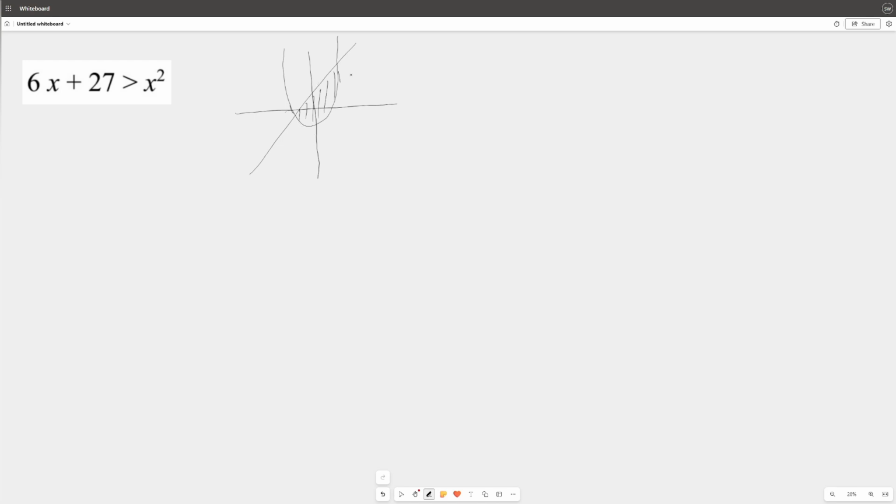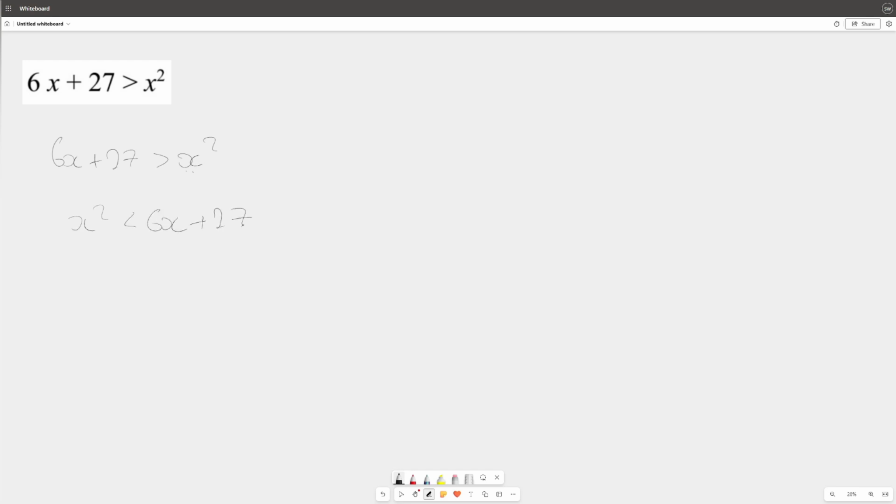However, we are not going to solve it like this, as that is extremely complicated and would really not be very fun. Instead, we can make this all into one equation. So if we are to write down 6x plus 27 is greater than x squared, we can swap these things around. So I'm going to put the x squared on the left side and the 6x plus 27 on the right, just to make this easier to understand. We must then flip this sign as well.